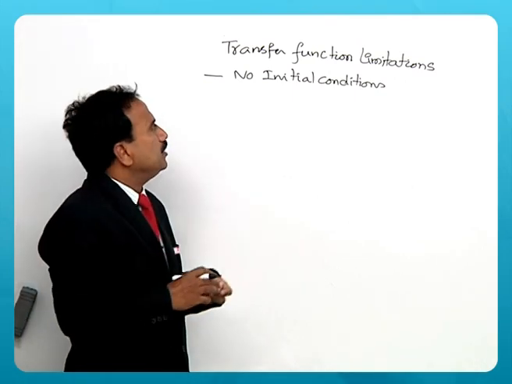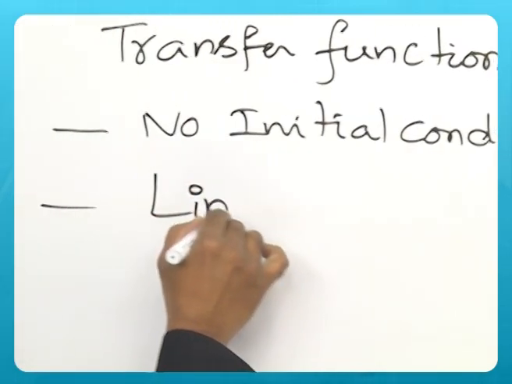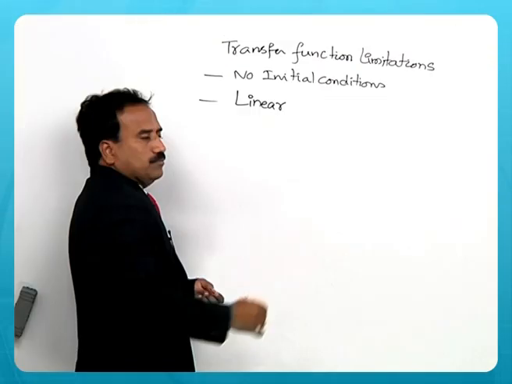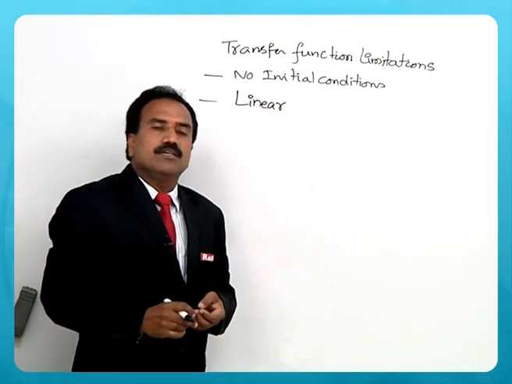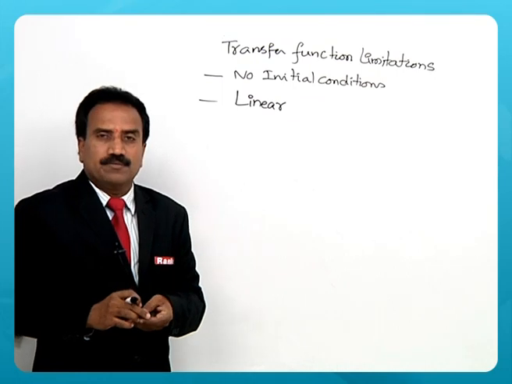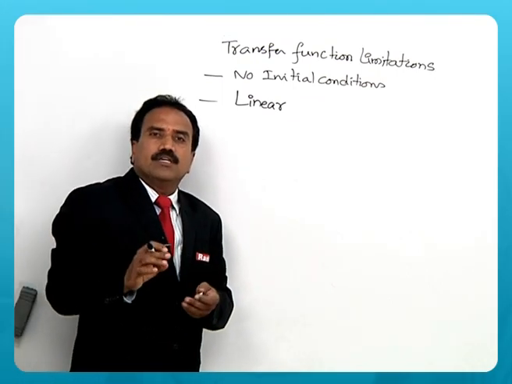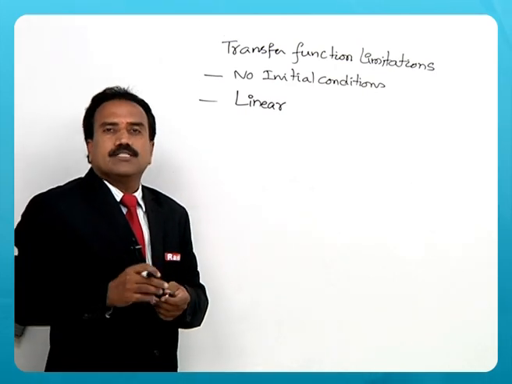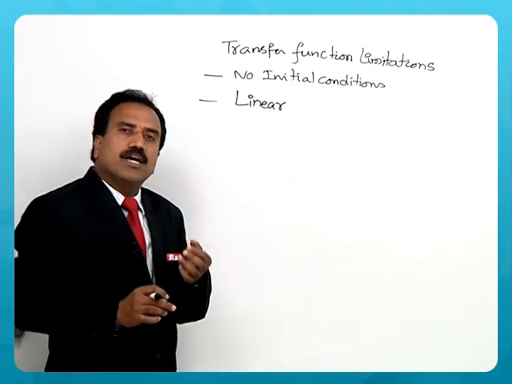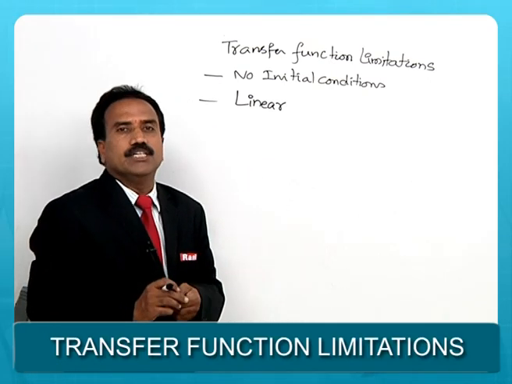So, that is one limitation of transfer function, and also it can be applied only to linear systems. But in fact, almost all practical systems are nonlinear, but this transfer function has got the limitation. It can apply only to the linear system. Linear system, I mentioned, it should obey the law of superposition and homogeneity.